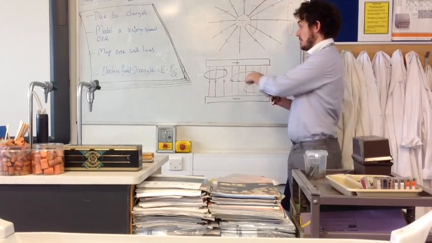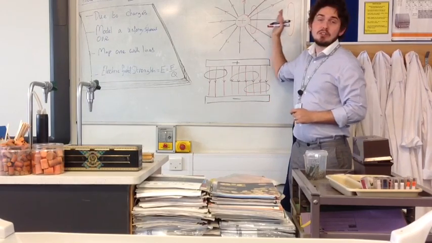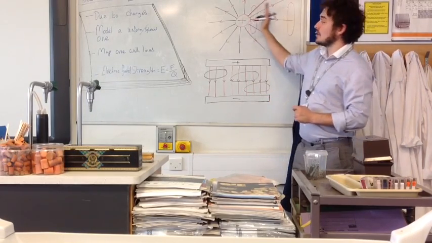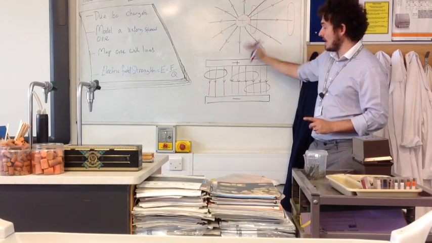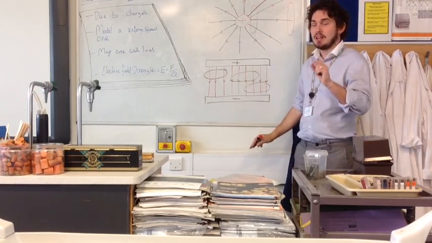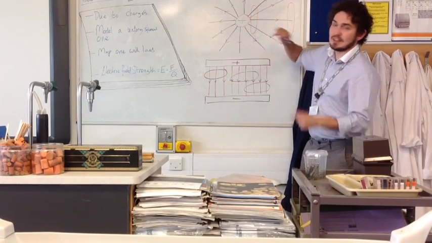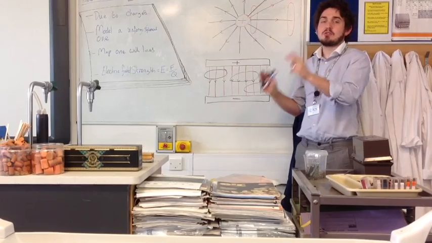Hence the term uniform electric field. Spherical electric field gets stronger as you get closer or weaker as you get further away. Uniform electric field, constant field strength, indicated by the spacings of the field lines. So density of the field lines, how well packed they are, tells us how strong the field's going to be.